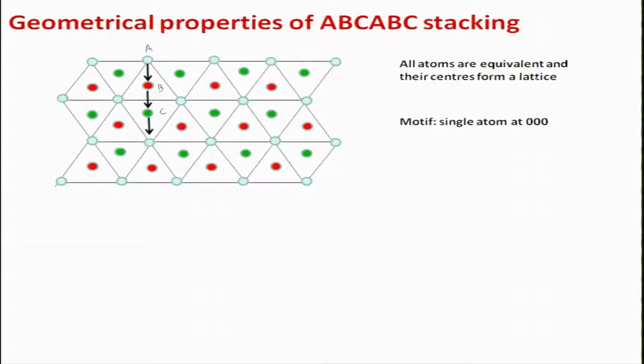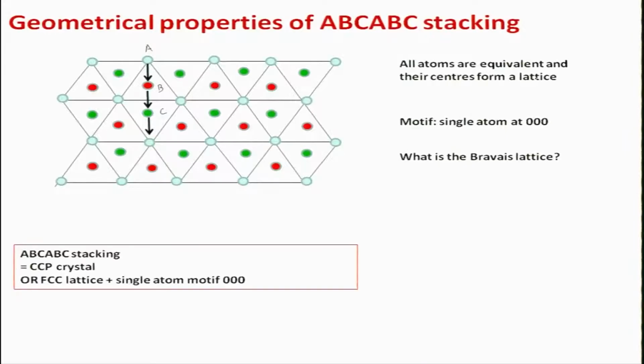So, basically what you have is the motif is a single atom at 0, 0, 0. Okay. What is a Bravais lattice? Bravais lattice, if you have ABC, ABC stacking, it makes a cubic close packed crystal. If you have motif at single atom, then you need to describe what is the lattice type.